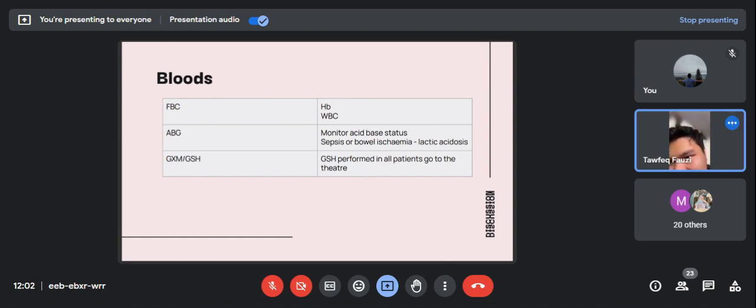So, acidosis is due to the buildup of lactic acid. How does it build up? Suddenly lactate is high, hypoperfusion, and then how does it happen?